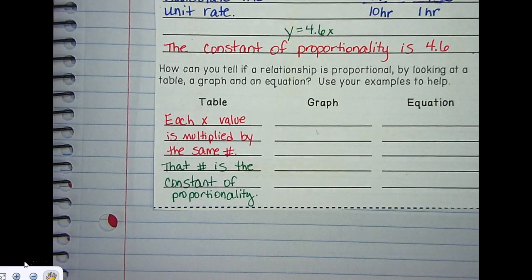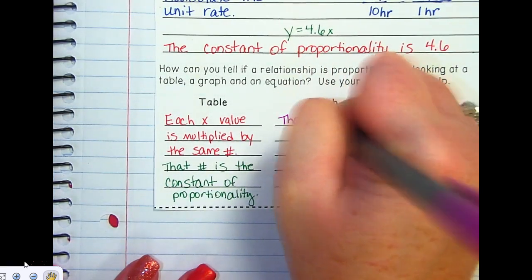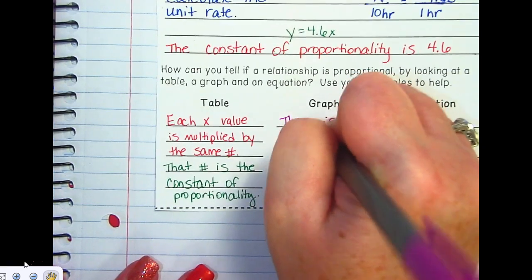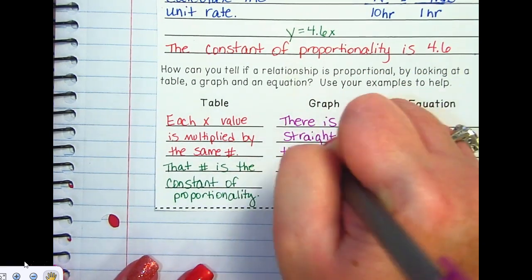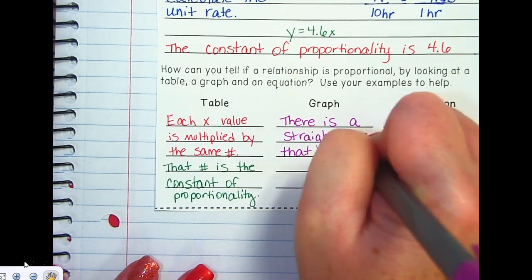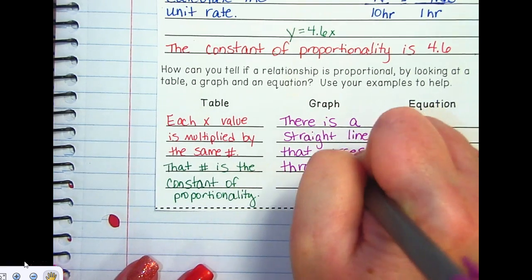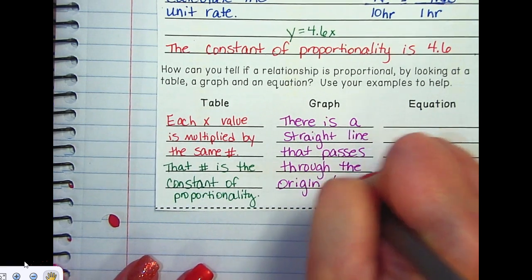All right, how can we tell if it's proportional on a graph? Well, we already talked about that. It is if there is a straight line that passes through the origin. And remember, the origin is 0, 0.